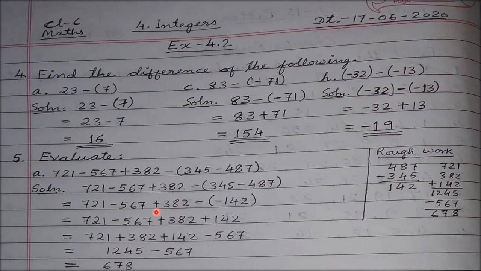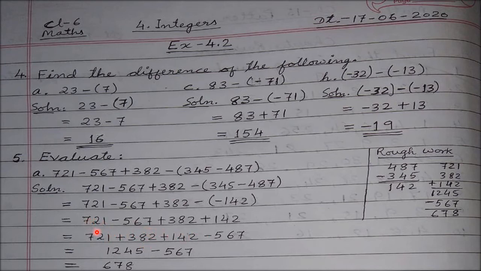Then in the next step, we will write them as they are. Now we'll open the bracket, so minus into minus will become plus, so now it becomes plus 142. Then in the next step, we may rearrange them, all the positive ones on one side and all the negative on the other side.